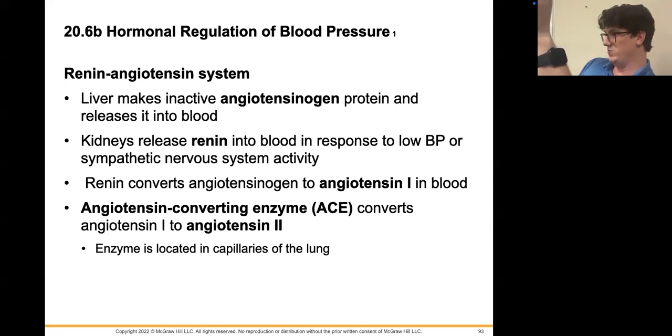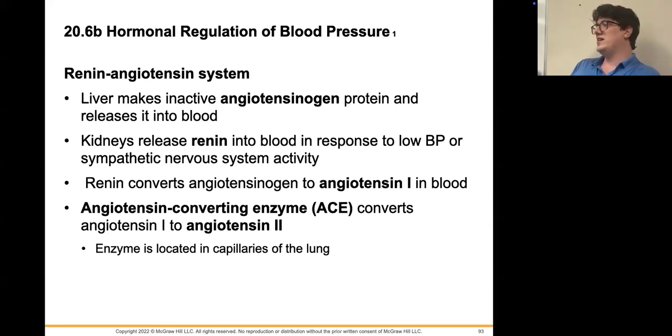Angio means vessels. Tensin means to tension, like tighten or constrict. So angiotensin is going to be a chemical that's going to cause constriction of the blood vessels. Well, what do you think is going to happen to your blood pressure if you constrict your blood vessels? It's going to go up. Exactly. So the renin-angiotensin system is particularly good at raising blood pressure.